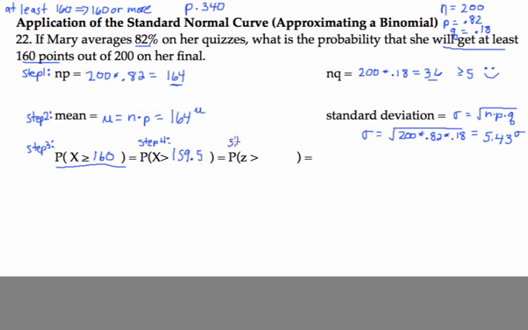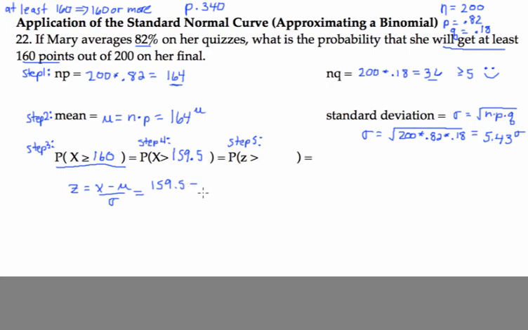So step 5 is to then change that data value into a z-score. I do that by using my z-score formula. Data value minus mean over standard deviation. So I'm going to use the 159.5 for my data value, my adjusted number, minus the mu.